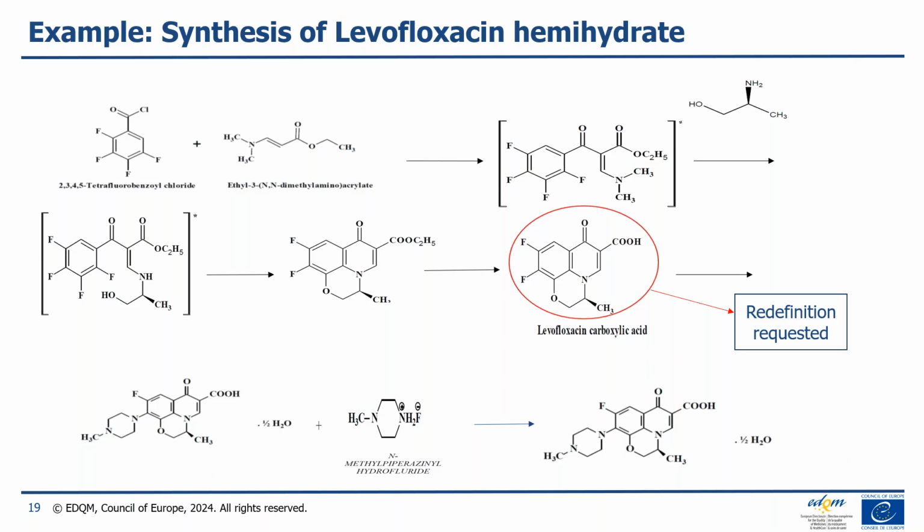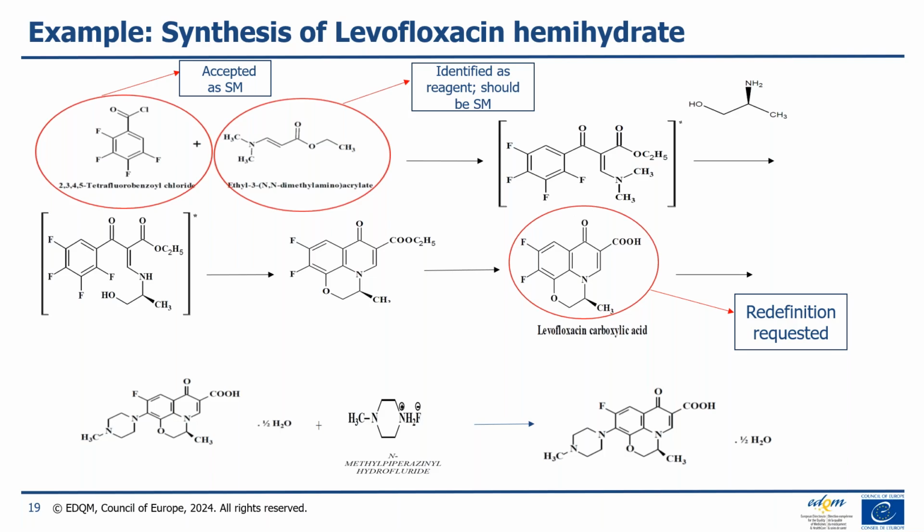Afterwards, there is only one more chemical transformation step, and this molecule already includes most of the significant structural features of the final substance. But let's now imagine that this first compound was proposed, and indeed it would be accepted as starting material, but that this second compound was identified as a reagent.